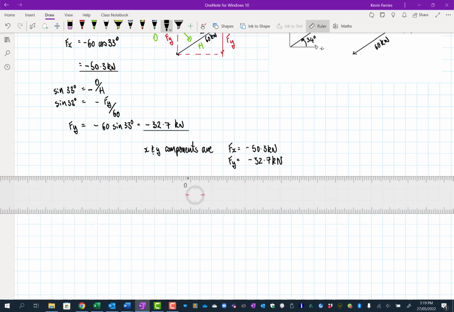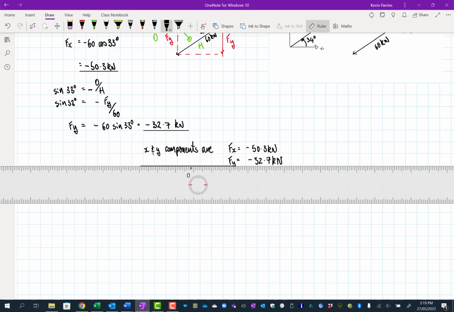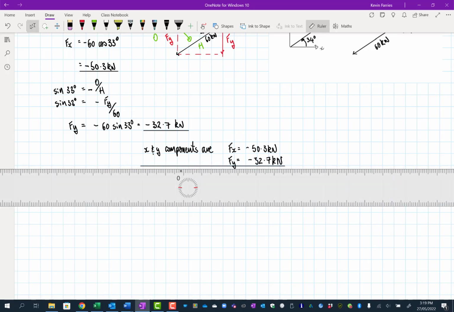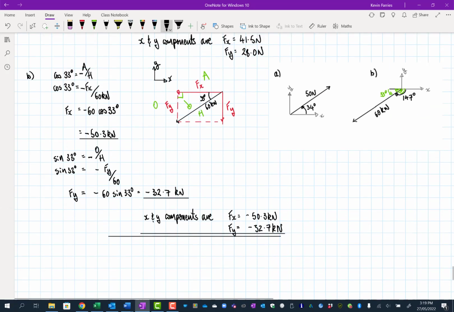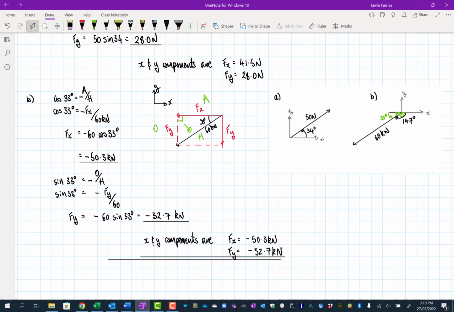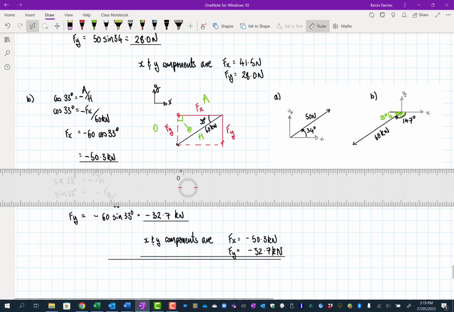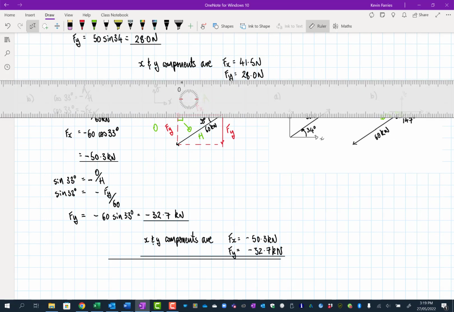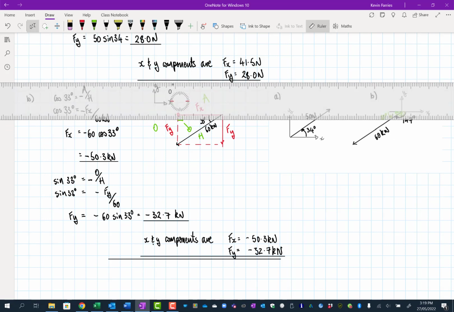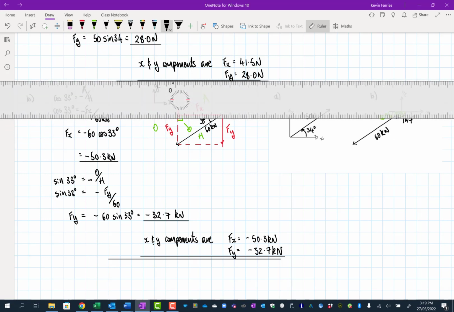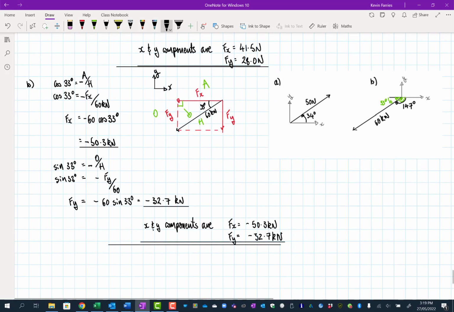Underline it so it's easy for you to find your answer later. You should have done the same with this one, so let's go back and do it now. That's the two questions finished, where we determined the x and y components from a force vector.